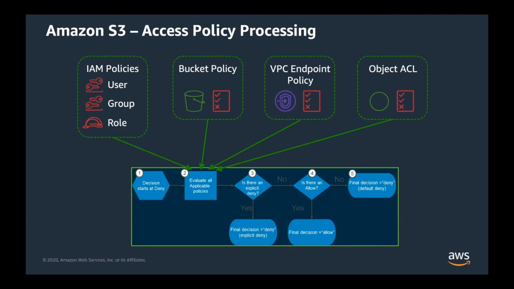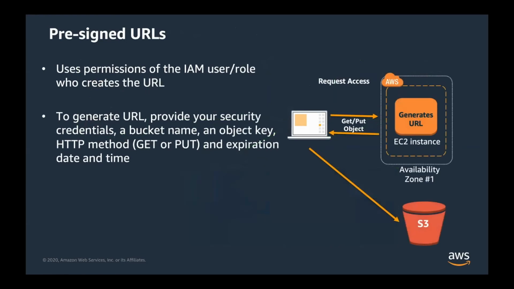Now, there are customers who are extra sensitive about giving any sort of long-term access to resources, even with these bucket ACLs and objects in place. One of the things that we've enabled and customers have been using for a while now is a concept called pre-signed URLs. You can create and generate a URL using the credentials that you're using, and set an expiration time to generate a URL that will be valid only for the period of time you specify.